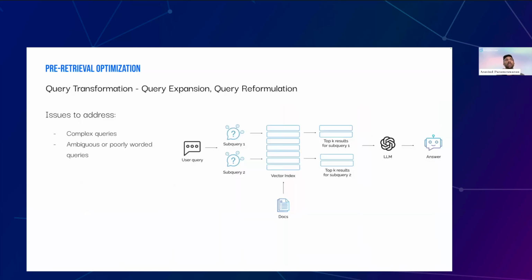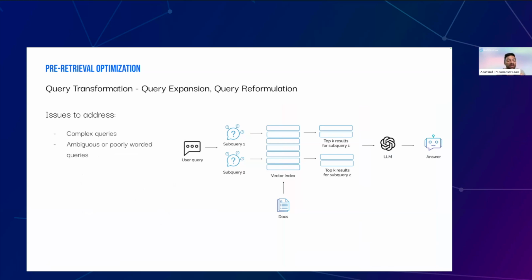So that's number one. Another technique that's relevant in pre-retrieval optimization is query transformation, right? We humans are inherently very bad at asking questions, right? We typically suck at asking questions in the right way.